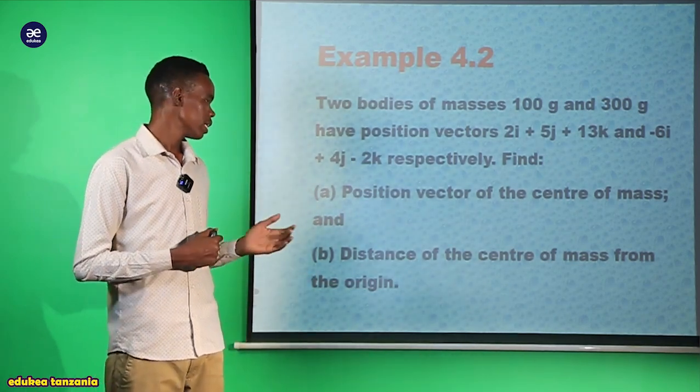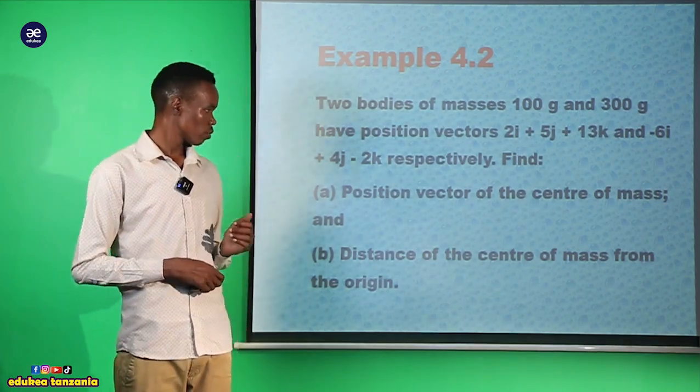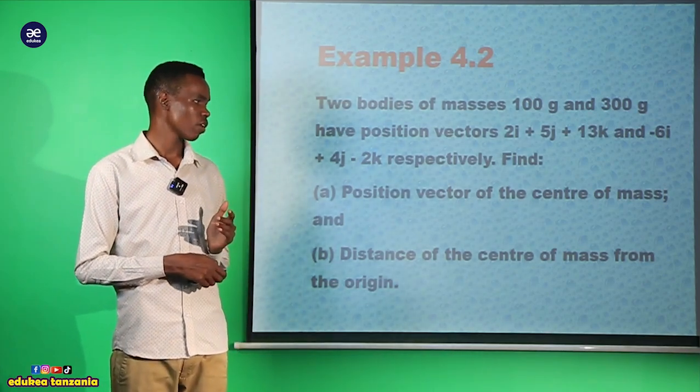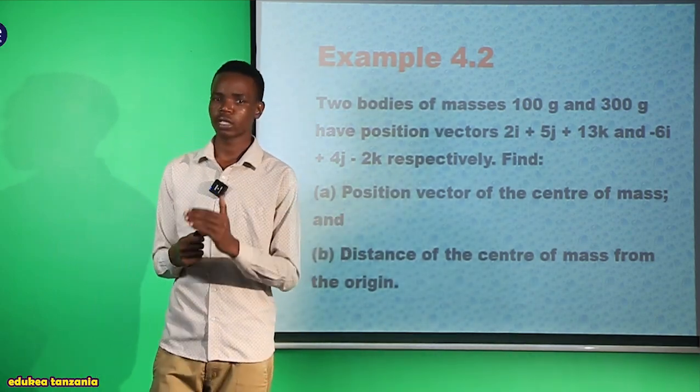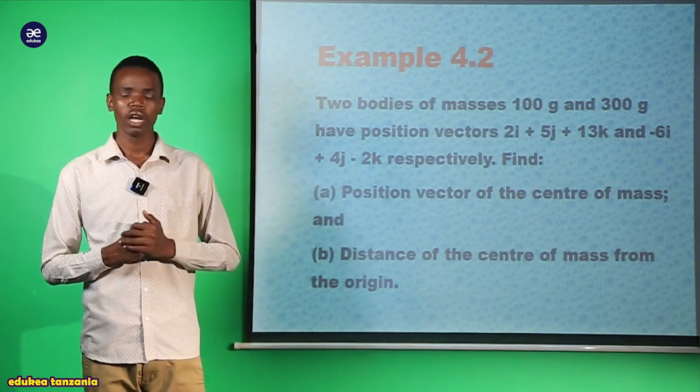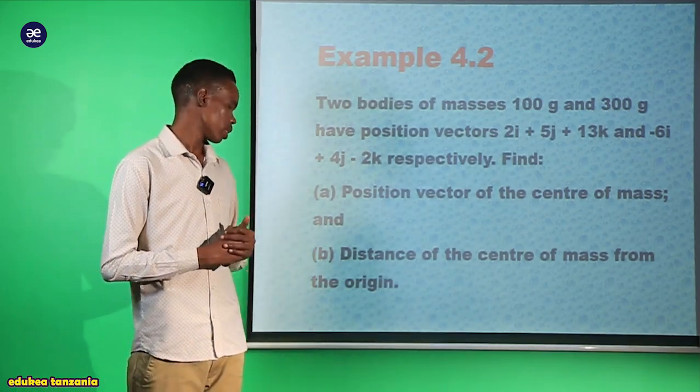So in Roman A, we are supposed to find the position vector of the center of mass. What is the position vector of the center of mass? That is what we have been asked in our question here.